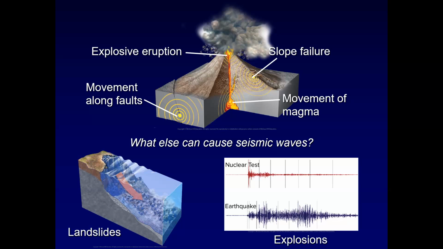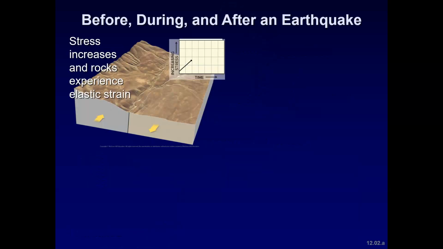Just in general, explosions, say if there was a nuclear test, that would create a distinct pulse-like seismic signal that can make the earth shake, the ground shake. Interestingly enough, we can use that to determine if anyone's testing a nuclear weapon on the planet.